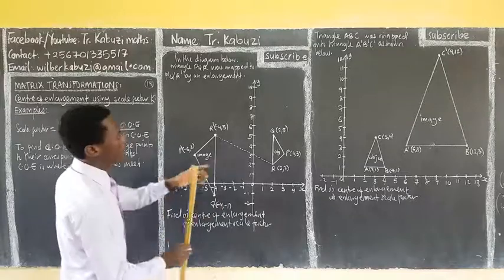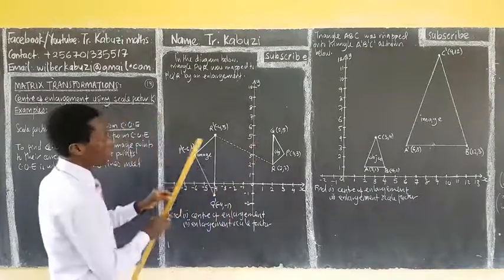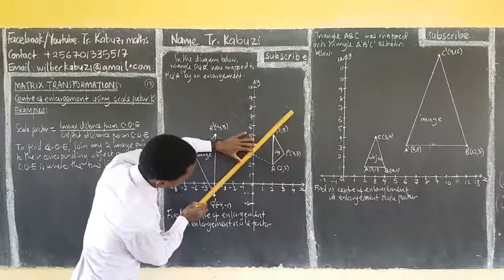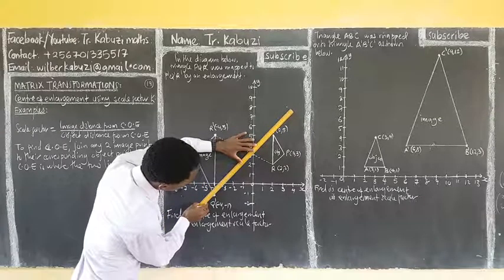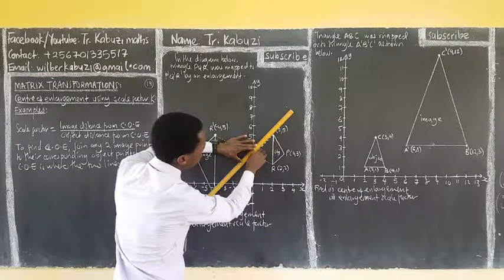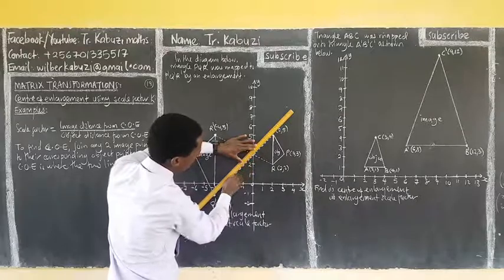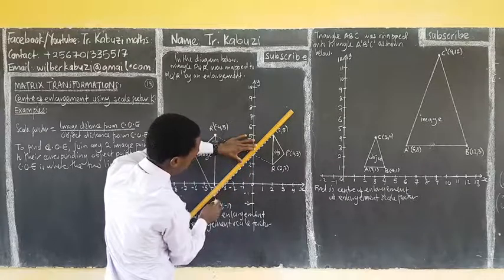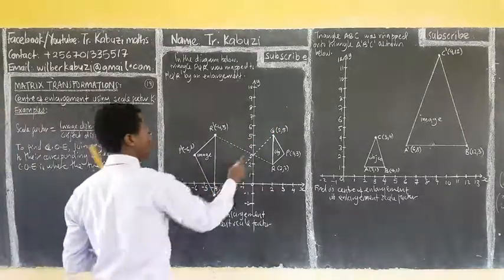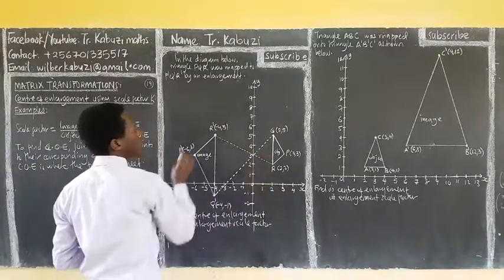So my Q, let me do it now from Q to Q prime in that order. So if I join them, so now I'm doing them. Now you see Q to Q prime, then R prime.